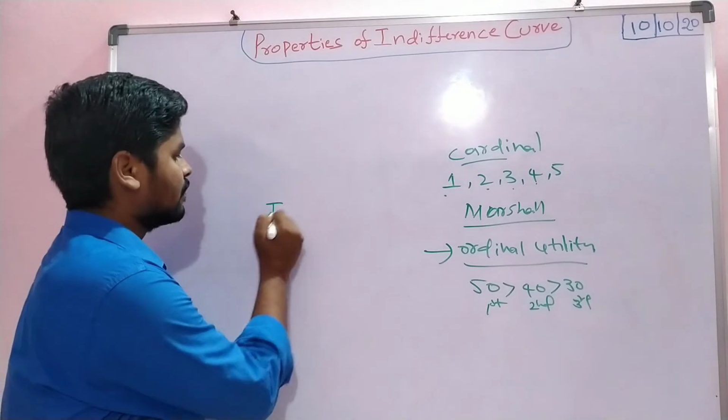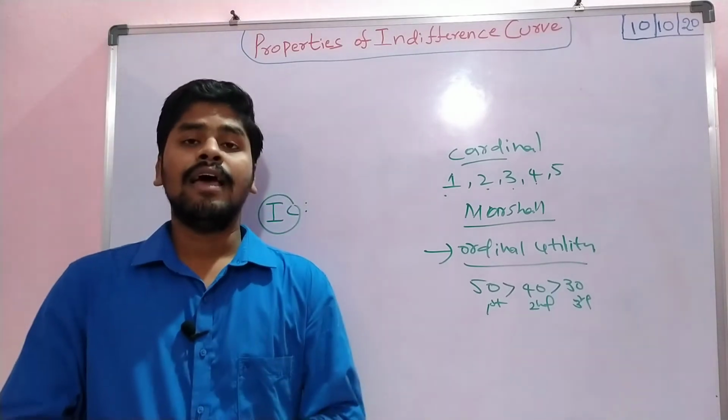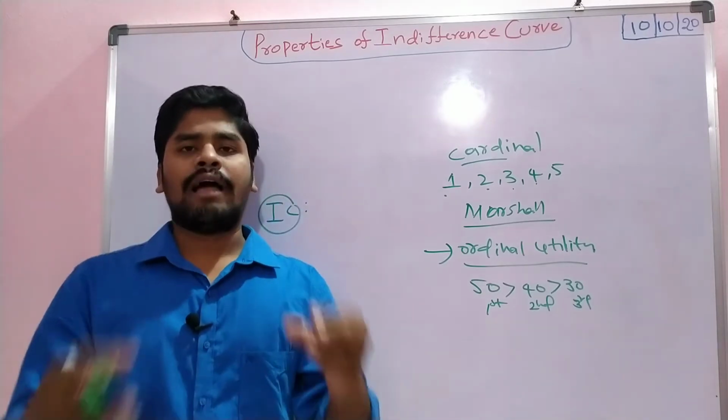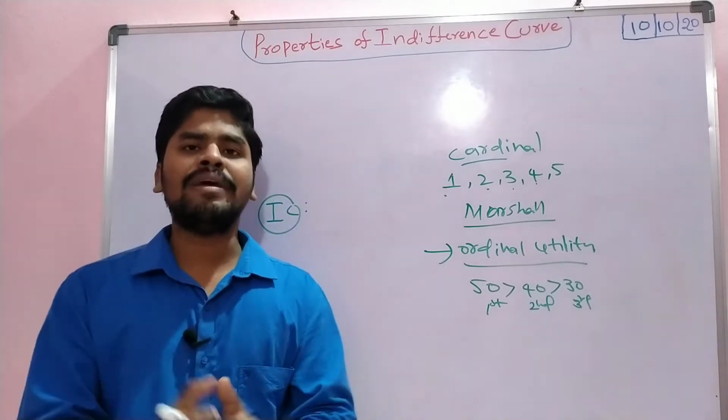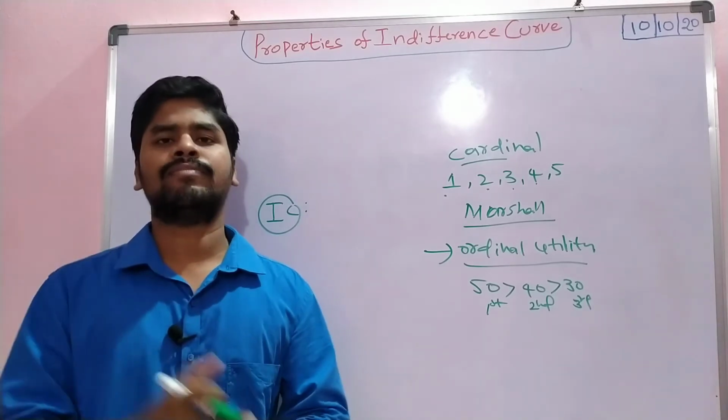Indifference curve, simply IC. IC means indifference curve. For the various combinations of X and Y, the two commodities, the satisfaction will be the same.